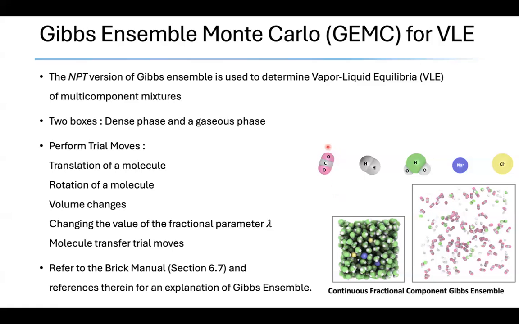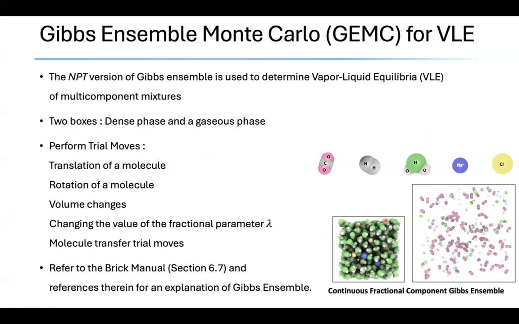To demonstrate an example, please consider this particular system where you have two boxes here in which you have the liquid phase and the gas phase consisting of CO2, hydrogen, water, and sodium and chloride. In the Gibbs ensemble simulations, you always have two boxes. One box contains the dense phase or the liquid phase, and the other box contains a gaseous phase, as shown here.